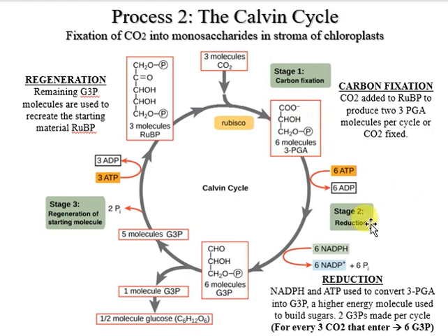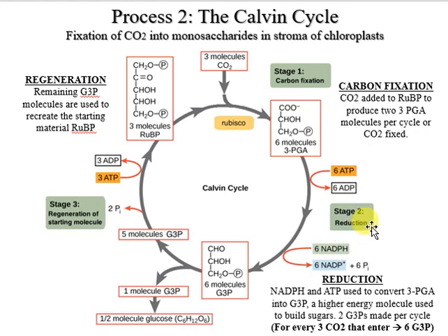From here, we move into the second phase or stage, which is reduction. Essentially, what's happening here is this molecule is being reduced twice. Right? So stage 2, reduction, well, you have reduction happen twice in this stage. Good way to remember it.